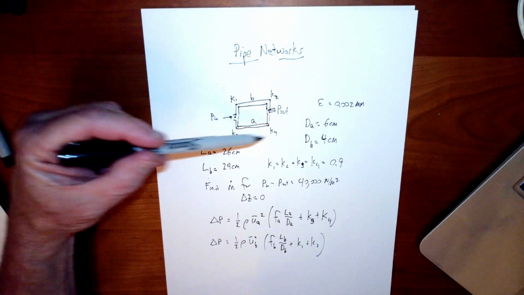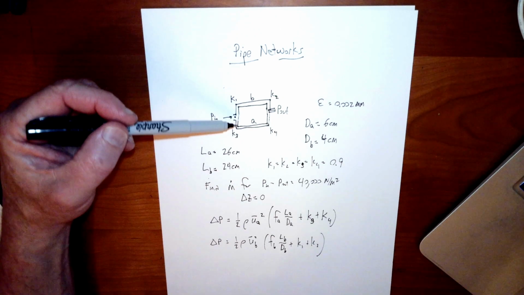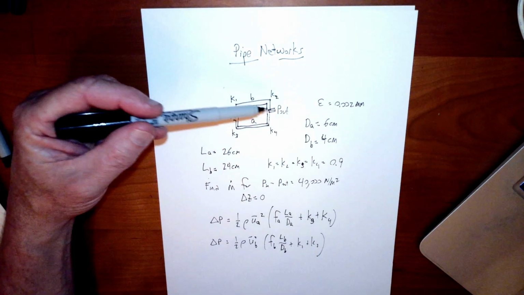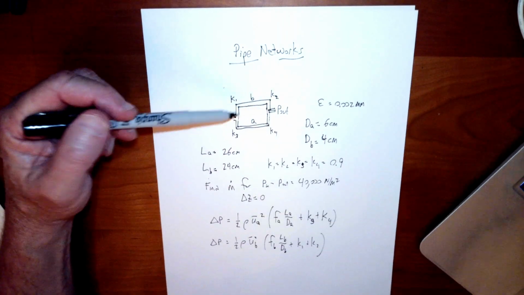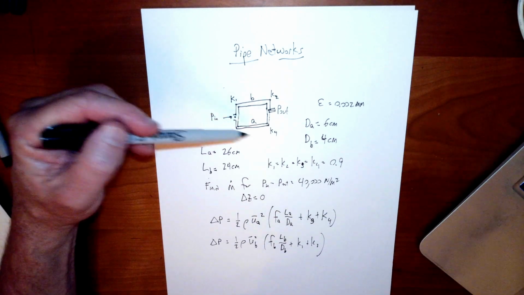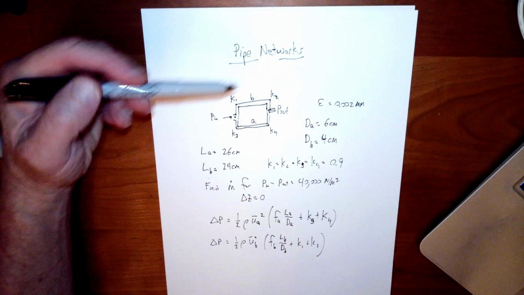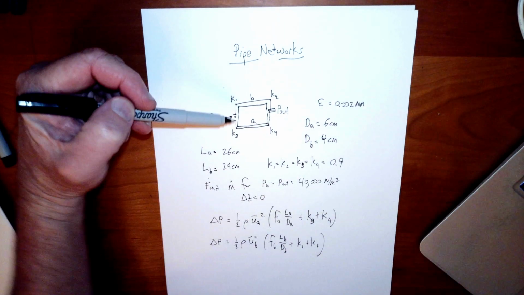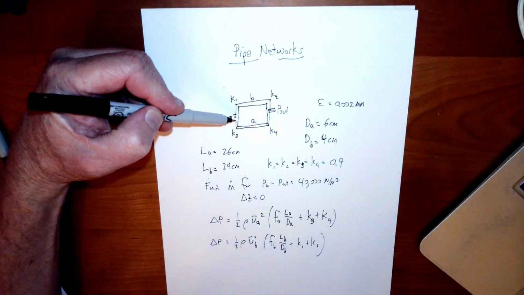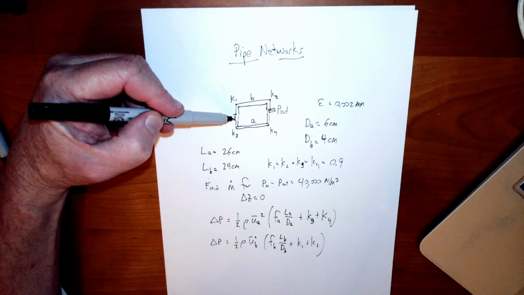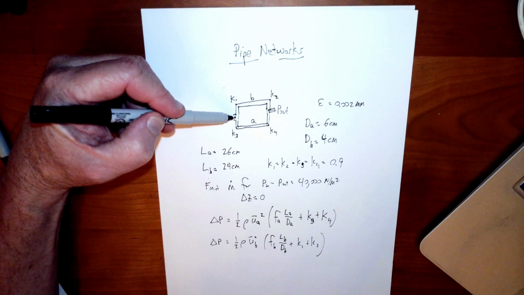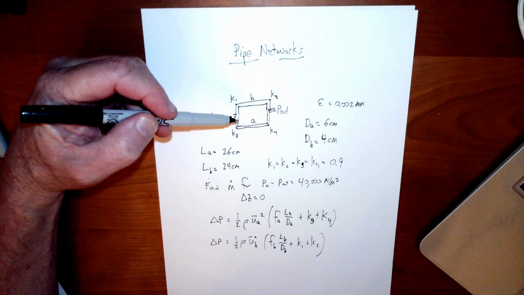This is all just algebra in the end, so it's not mathematically complicated in that sense, but we'll see that these pipe networks very quickly become very complicated just from the sheer number of variables. In this very simple example, we're going to have the inlet pressure, the pressure right at the T here. We assume we know the pressure right where the split occurs.